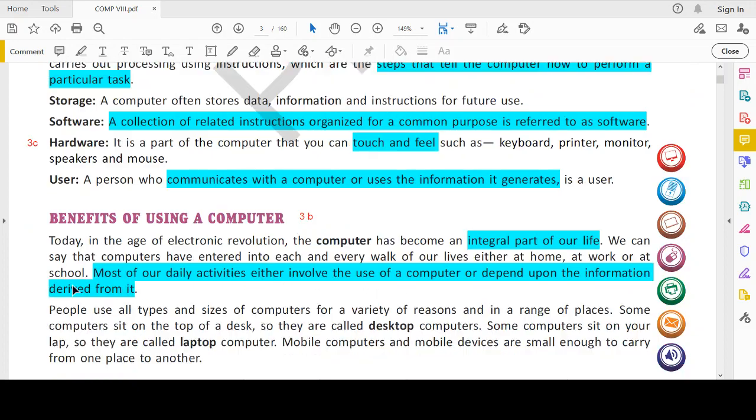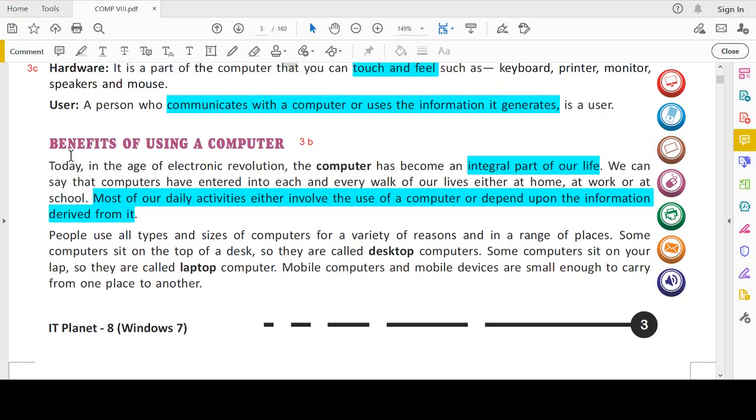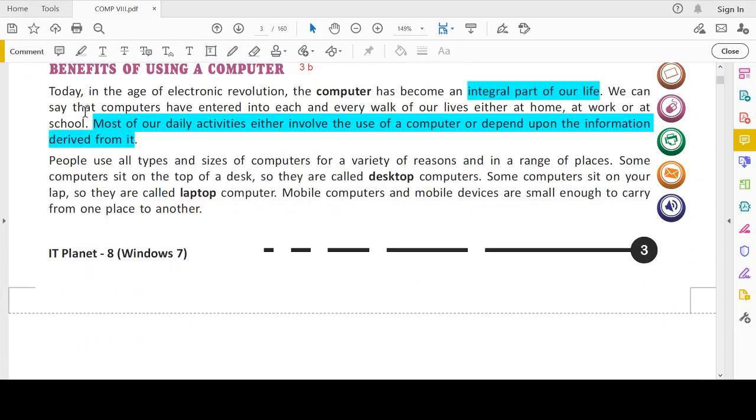Next, we will move on to the next topic, that is benefits of using a computer. What are the benefits of using a computer? So, we know that in our day-to-day life, in today's world, each and every work we do will take the help of a computer and a computer network.